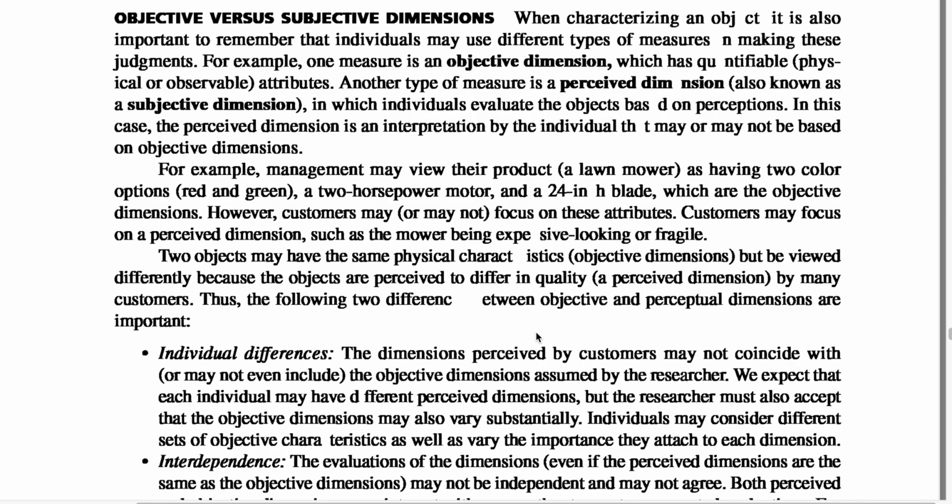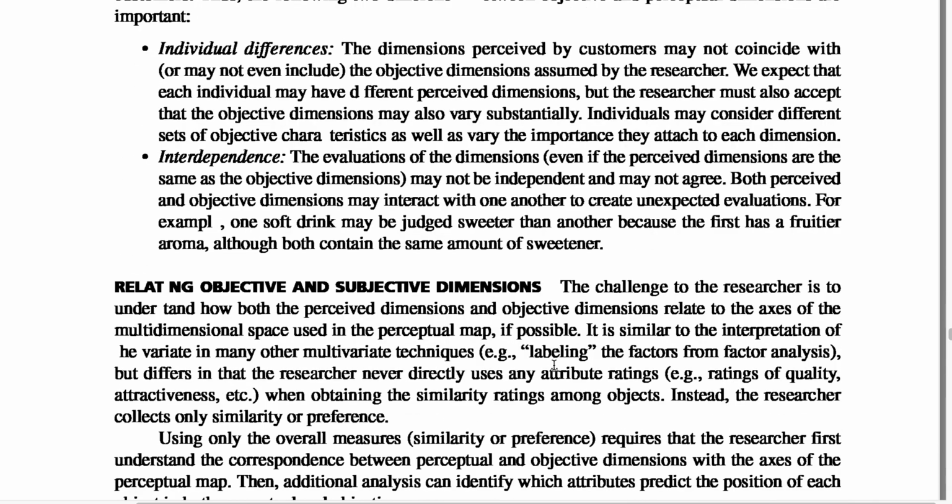The following two differences between objective and perceptual dimensions are important. Let's talk about individual differences. The dimensions perceived by the customer may not coincide with, or may not even include, the objective dimensions assumed by the researcher.